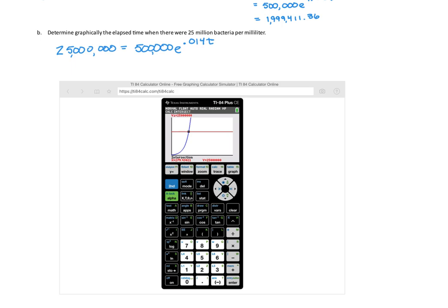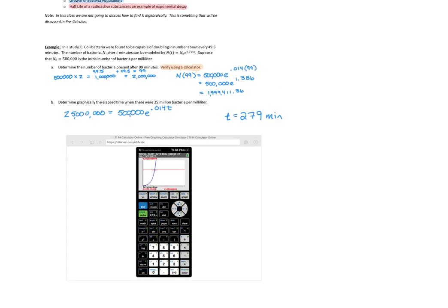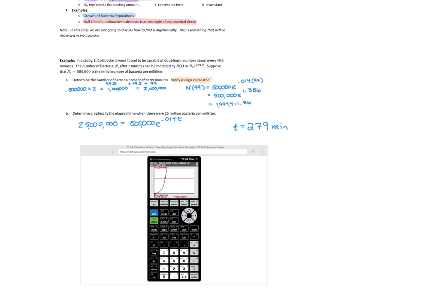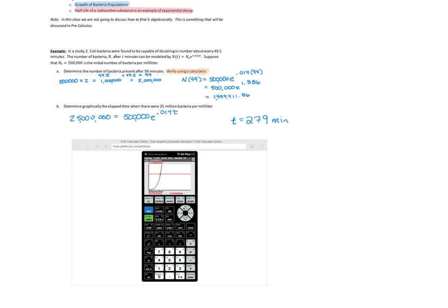T equals 279 minutes. All right, so when you think about that, that is basically a little over 4 hours in order for you to have 25 million bacteria per milliliter.